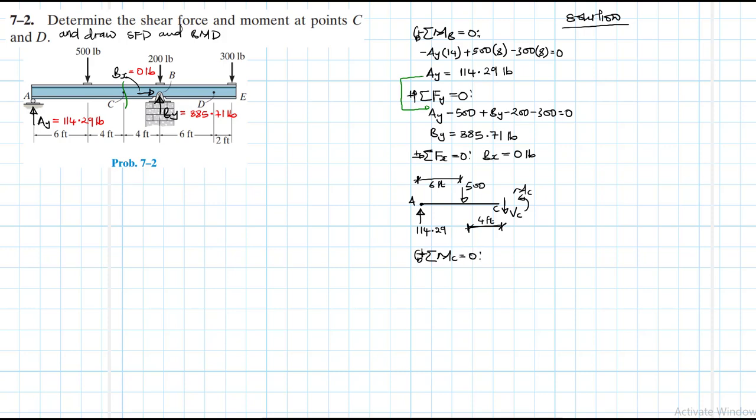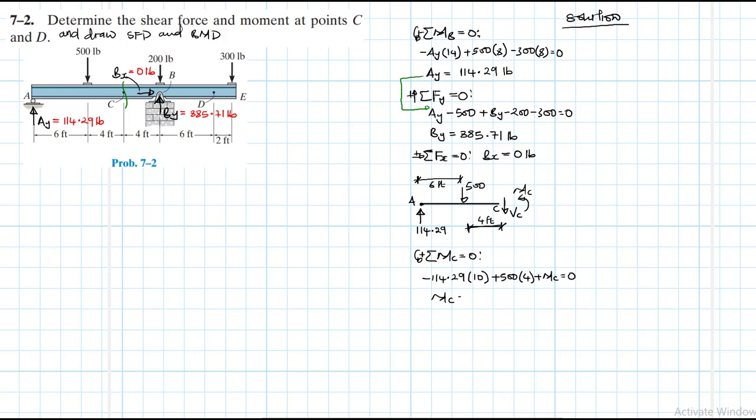What do we have? A minus 114.29 times the lever arm, that is from A to C, that's 10, then plus 500 times the lever arm, which is 4, then plus MC equal to 0.